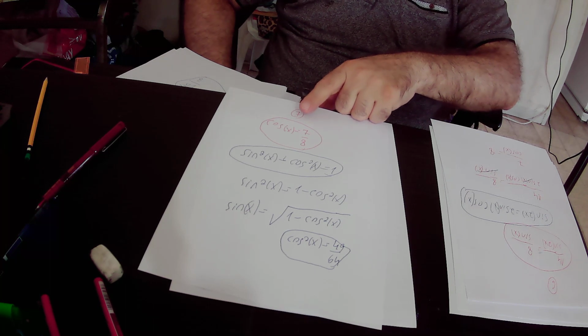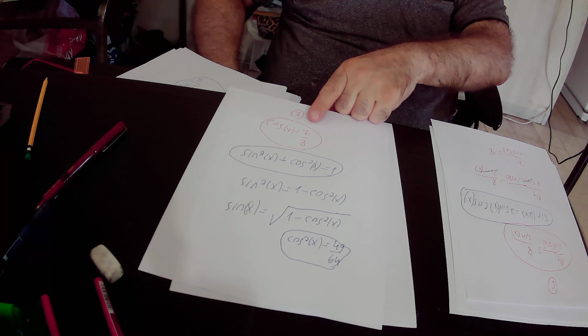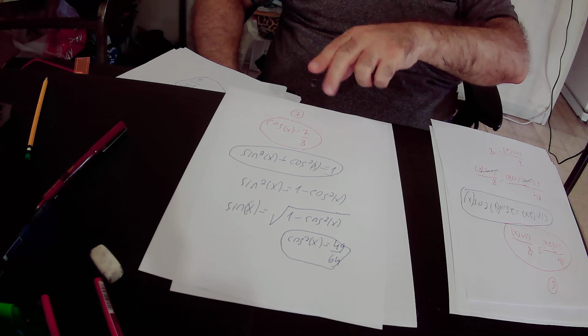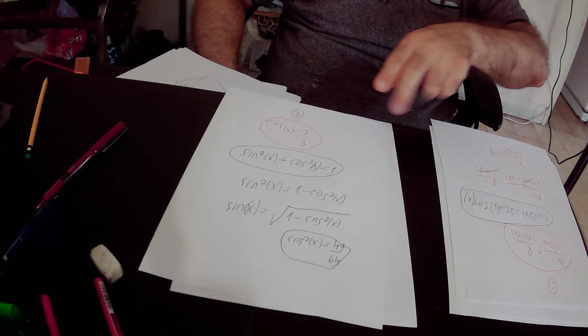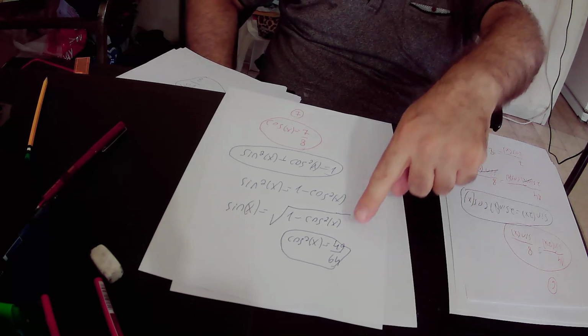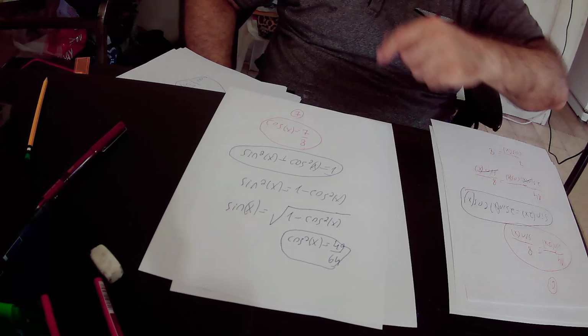We know that cosine x equals 7 over 8, so if we square this equality, we will get the value of cosine square x. And we got that cosine square x equals 49 over 64.